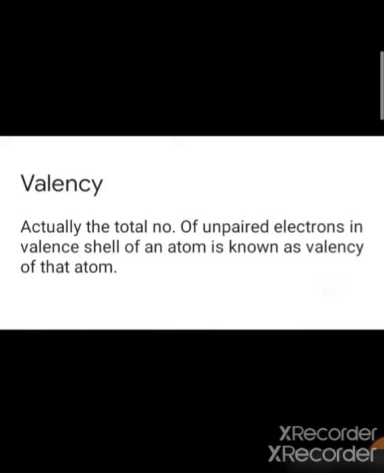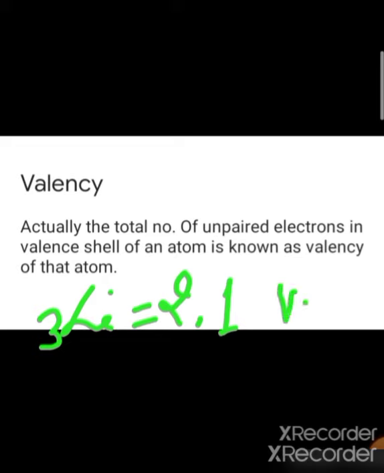Next, lithium. Atomic number is 3. In the first shell only 2 electrons are possible. Then after that, in the next shell electrons enter until it becomes 8. So 2, 1. 1 is unpaired, so the valency of lithium is 1.